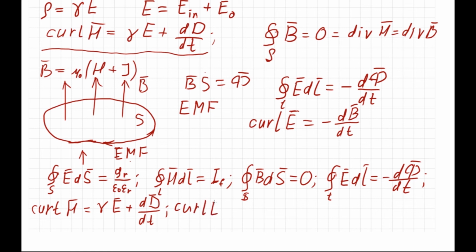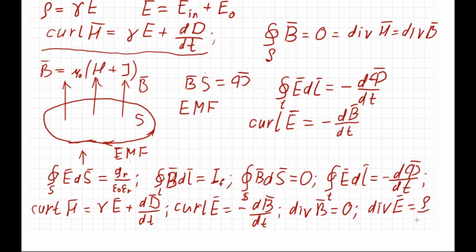Curl E equals minus dB divided by dt. Divergence of B equals 0, and Gauss theorem: divergence of E equals density divided by epsilon 0 epsilon r.